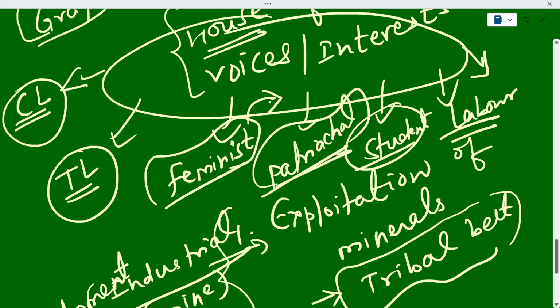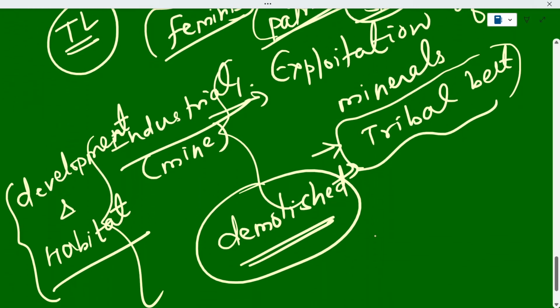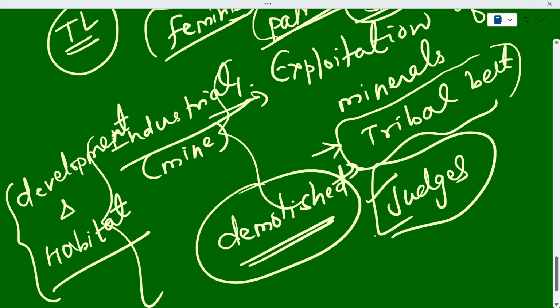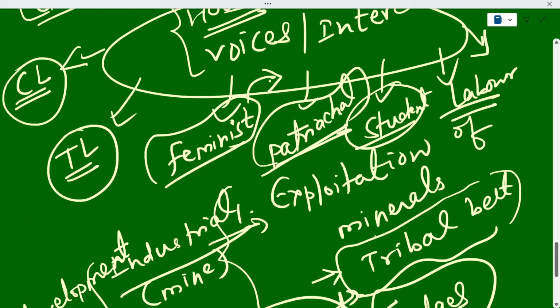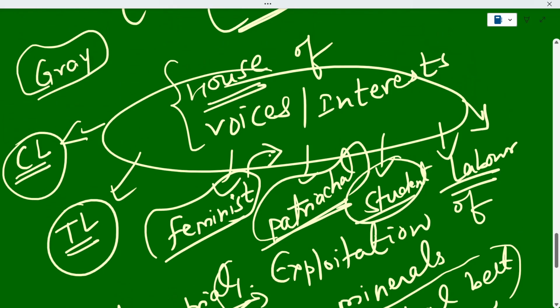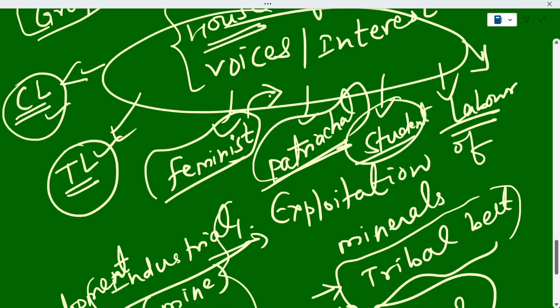So coming back to the question, why are the houses, Lok Sabha and Rajya Sabha, not involved in the appointment of judges? Because the judges themselves also belong to the same population, the same stock from which the representatives are elected, and they may belong to one of these sections.